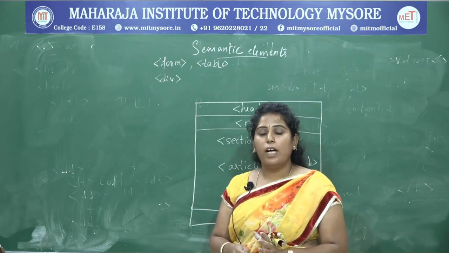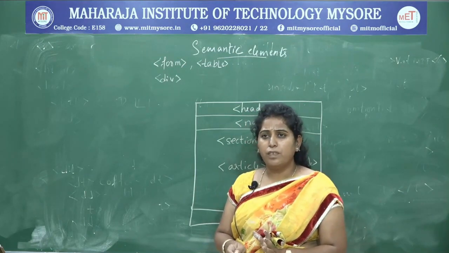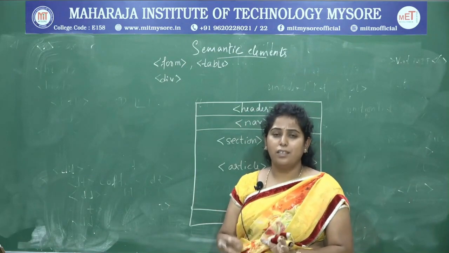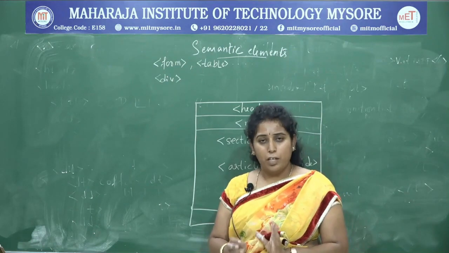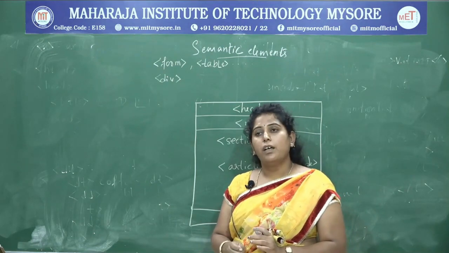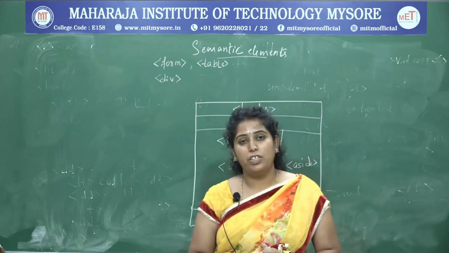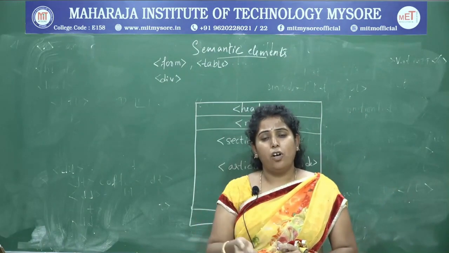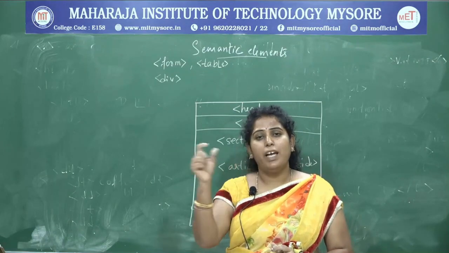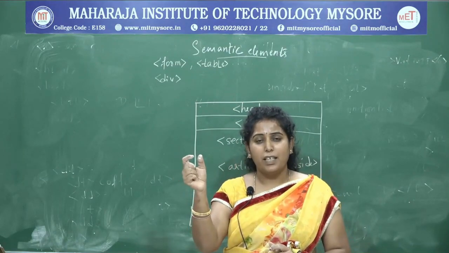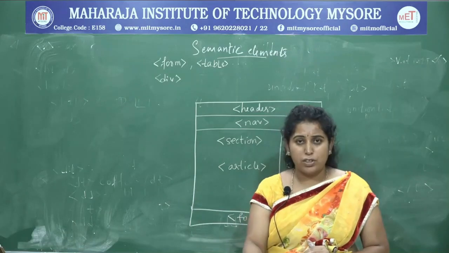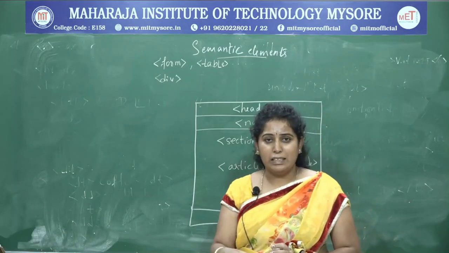So now semantic structure or semantic elements means which clearly describe its meaning. Is it right? So once you look into the web page, there is some clear description about the document. You can realize while looking at the web pages that in all the web pages there will be some heading. Is it right? There will be separate sections. There are certain articles.